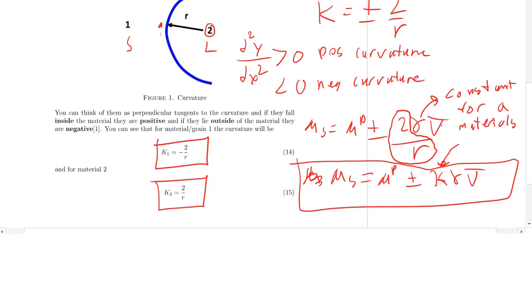Same thing with V bar, your molar volume. Again, it's shown in the notes. That will change depending on your material. But once you've selected a material, really the only thing that's going to change in this expression is your curvature. That's the only thing that's going to change among the parameters here. So this will control your chemical potential. We'll see why that's important in just a second.